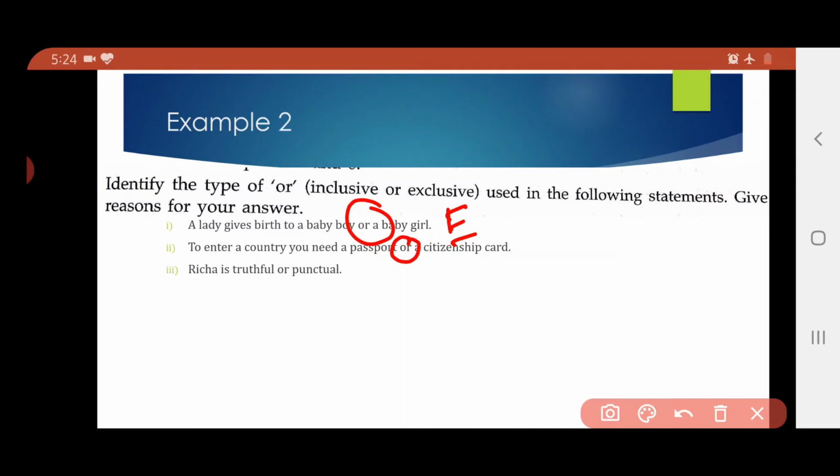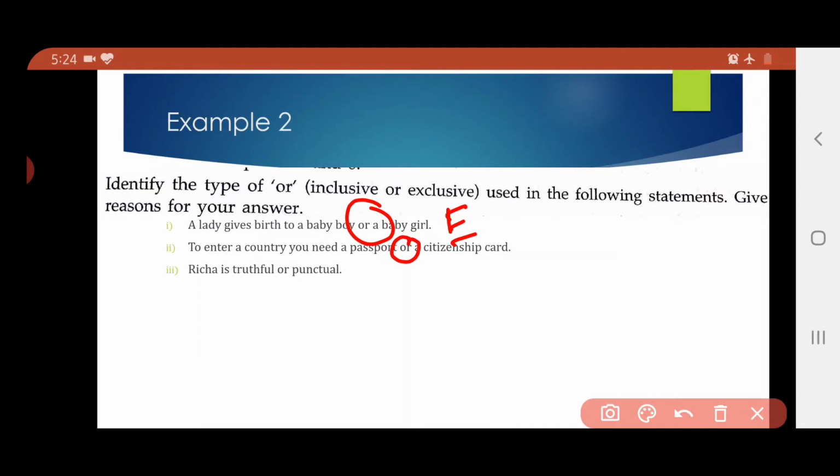Now also it is pretty easy to see that this is going to be exclusive. Why exclusive? Because when you are entering a country, if you are coming from a different country, obviously you need a passport to enter into that country. And if you are not having a passport, then either you be a citizen of that country, or you apply for citizenship and you get the citizenship and then you enter.